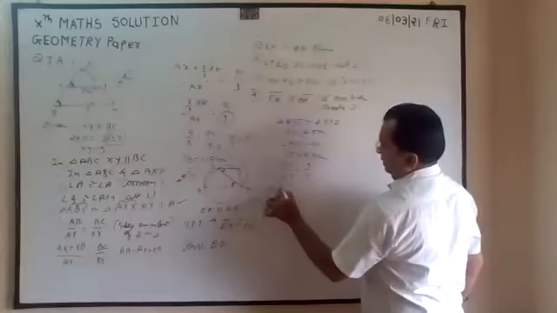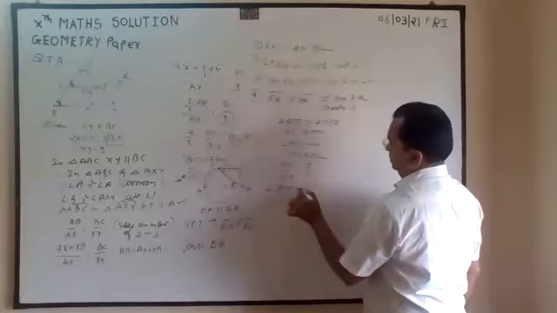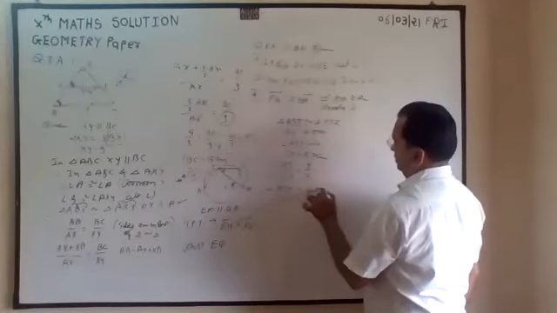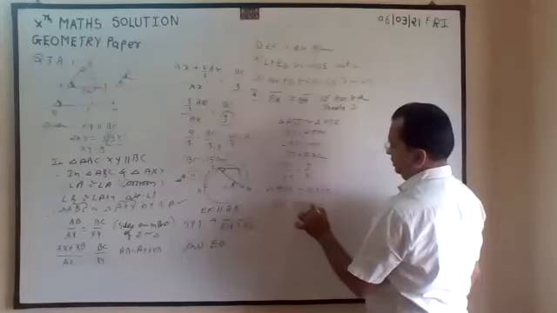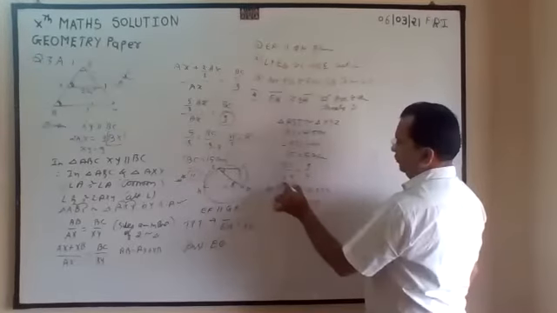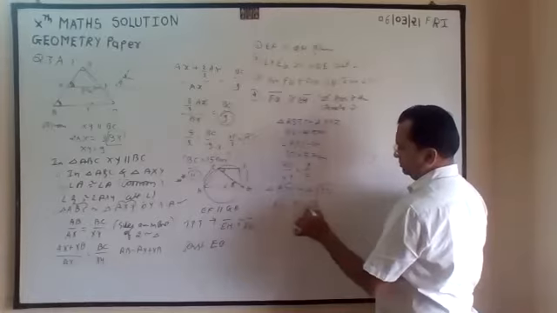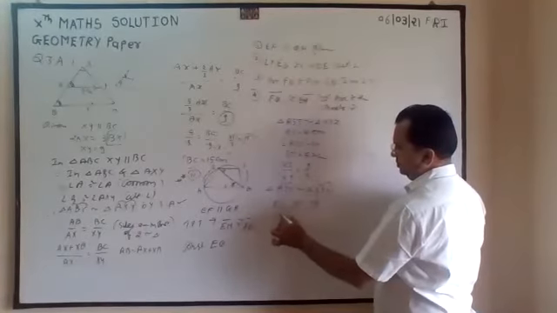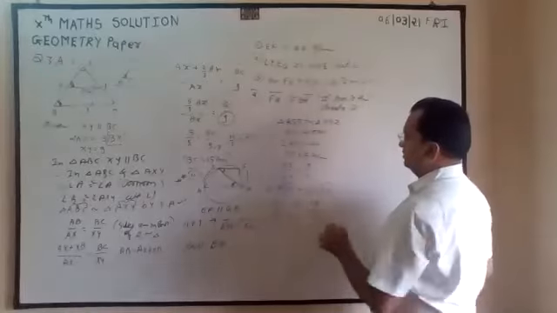If triangle RST is similar to triangle XYZ, so RS, ST, TR, first, second, second, third, third, first, over XY, YZ, ZX.